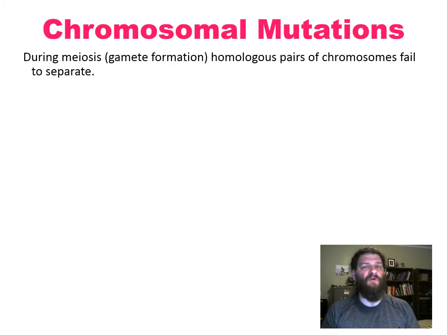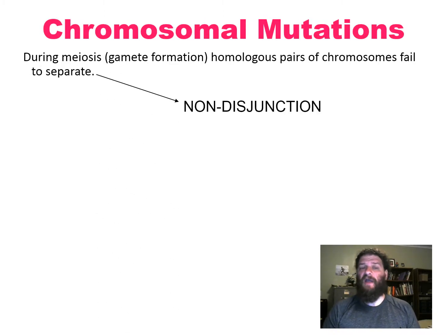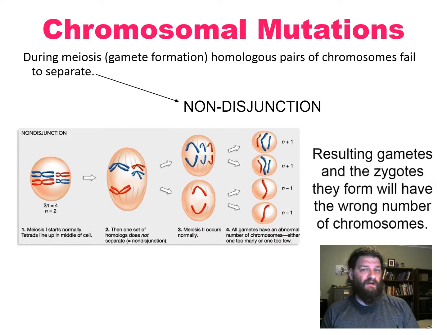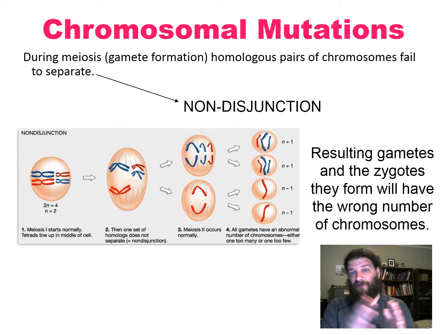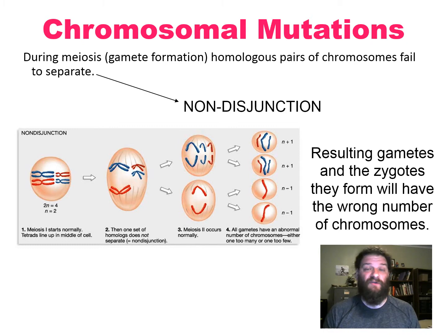Quite often, these chromosomal mutations take place during meiosis through the process of non-disjunction, where tetrads that normally segregate evenly into two chromatids and two chromatids instead separate unevenly into three and one chromatid. The result of this, of course, is some of the gametes will have an extra chromosome and some of the gametes will be missing a chromosome. If those are the gametes that go ahead and fertilize the egg, then the zygote's going to have the wrong number of chromosomes.